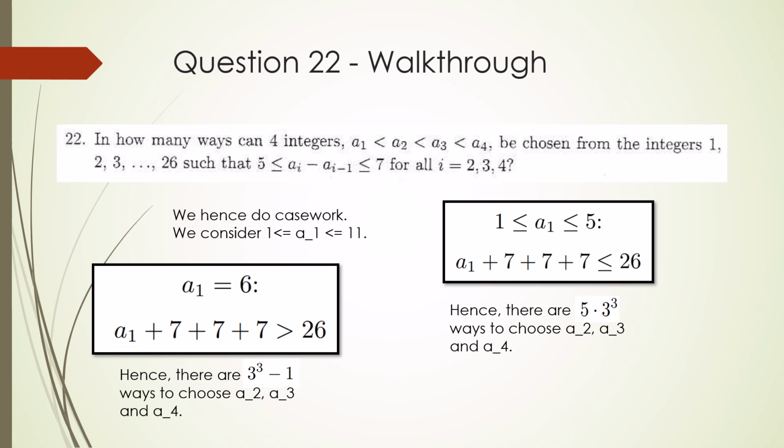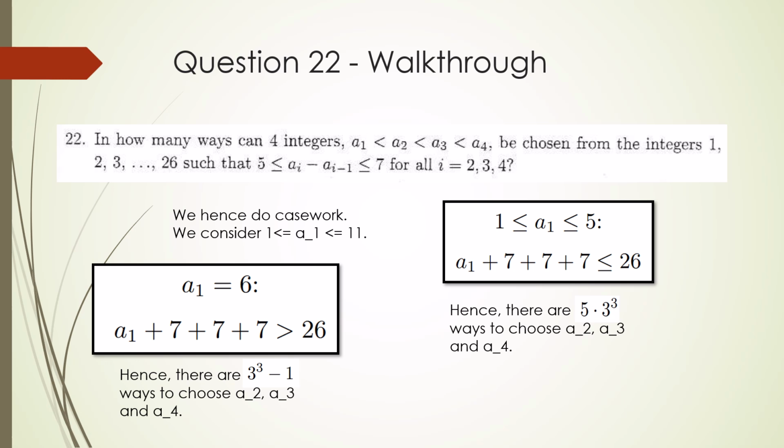For instance, when a1 is between 1 and 5, any possible combination of these differences works, if you get what I mean. Let's consider a1 equals 3. If the difference is 5 throughout, you're going to get 3 plus 5 is 8 for a2, 13 for a3, and 18 for a4. And similarly, if your a1 is 4 and your difference is 7 throughout, you're going to end up with 4 plus 7 is 11, then 18, then 25, right?